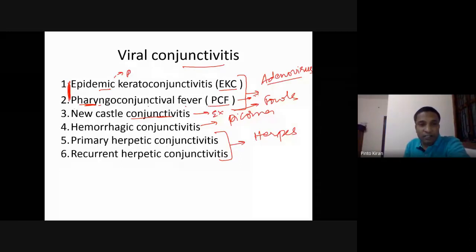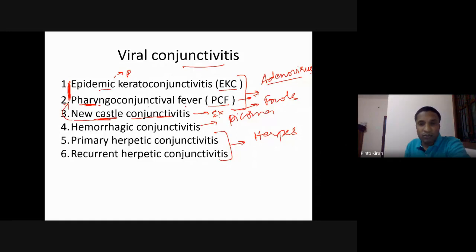Similarly, Newcastle conjunctivitis is almost similar to these forms, but you will have a history of exposure to diseased fowls. In herpetic conjunctivitis, you will have a recurrent form. The patient will have corneal involvement, dendritic ulcers, and loss of corneal sensation along with the conjunctival infection.